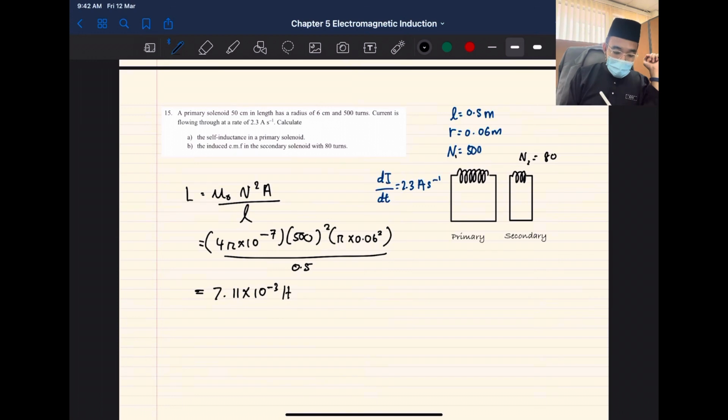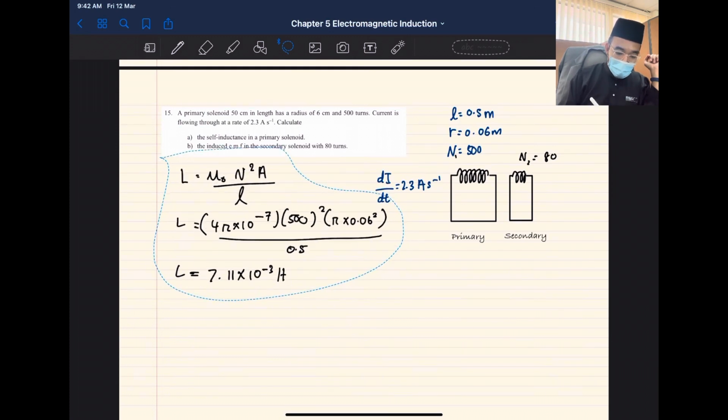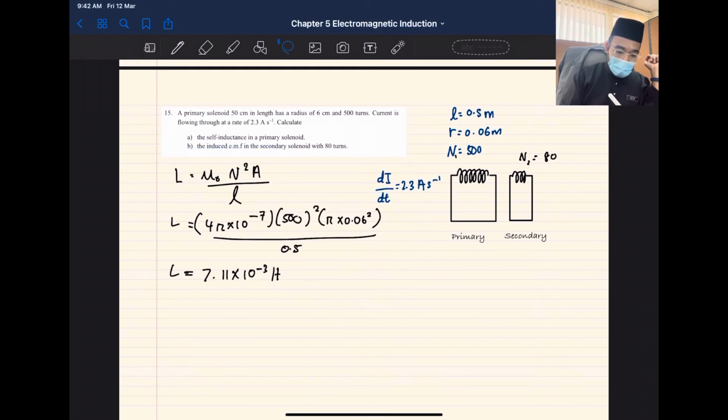And then for mutual inductance, they did not ask for mutual inductance directly, they ask you to find the induced EMF in the secondary solenoid. So if you want to find that, you expect to use the mutual inductance value. So this one is for question A. For question B, basically to solve, induced EMF equals negative M di dt.